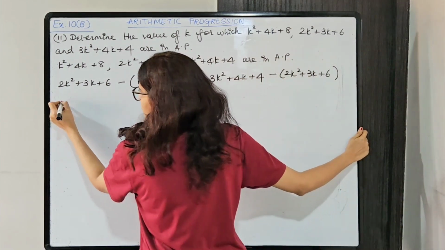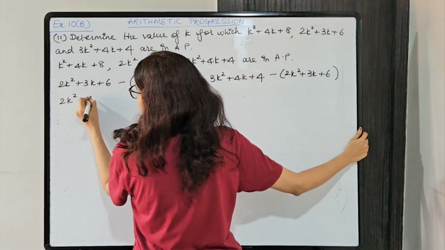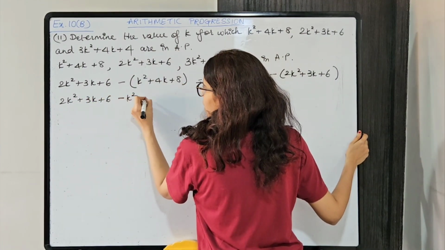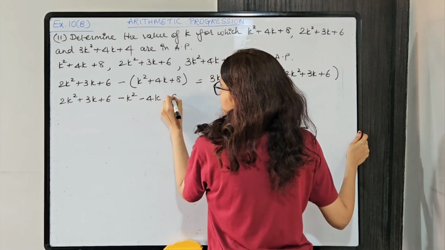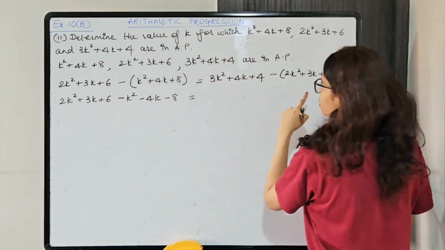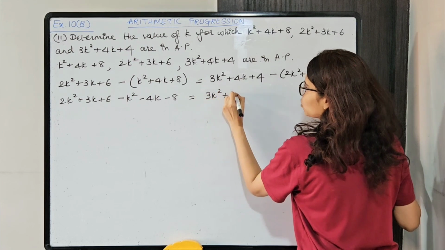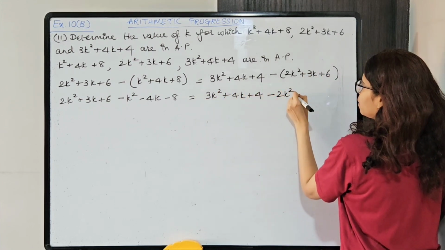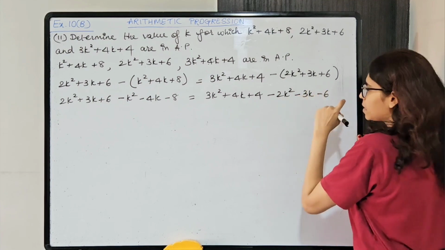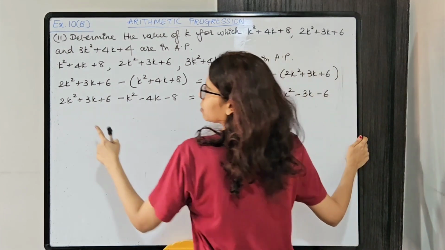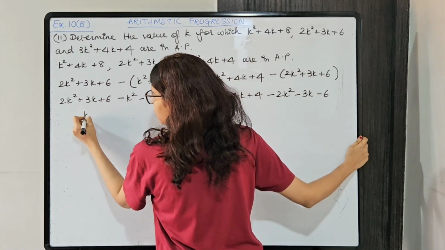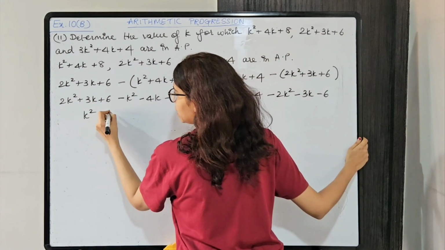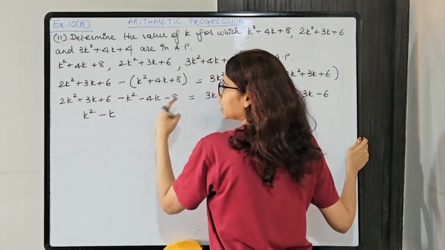Open the brackets now. 2k square plus 3k plus 6, signs will change, minus k square minus 4k minus 8. Your 3k square plus 4k plus 4 minus 2k square minus 3k minus 6. So 2k square minus k square हो जाएगा, 3k minus 4k minus k, 6 minus 8 minus 2.